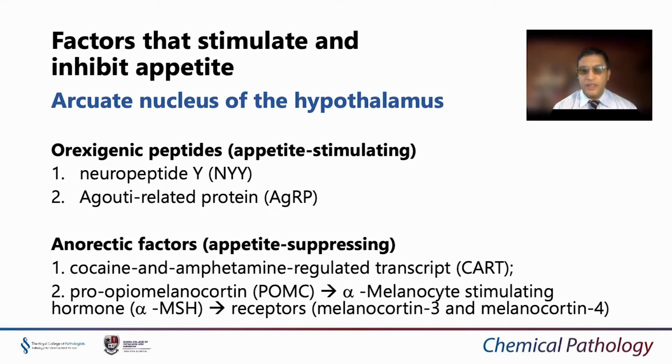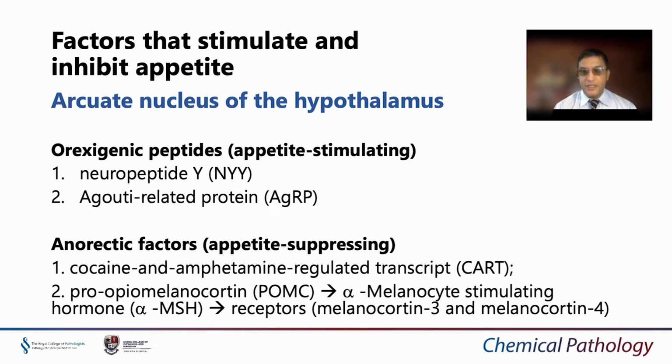In contrast, anorectic peptides or factors suppress appetite, and the two prototypes are CART and POMC, cocaine and amphetamine regulated transcript, and pro-opiomelanocortin.